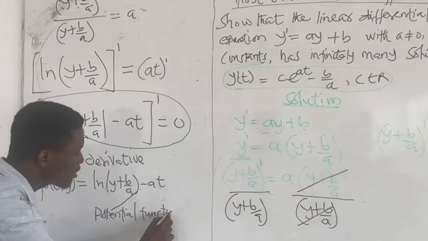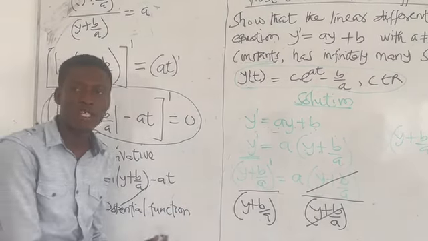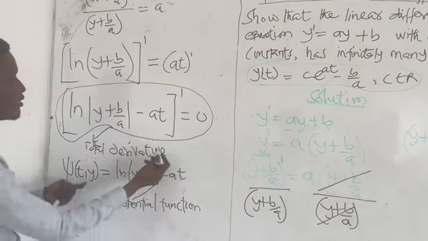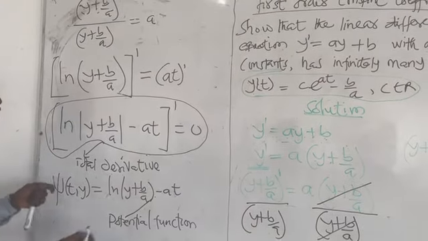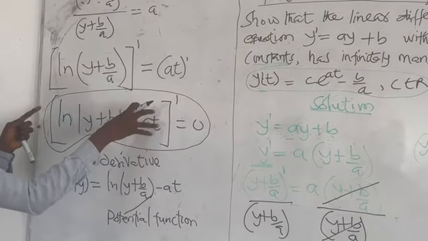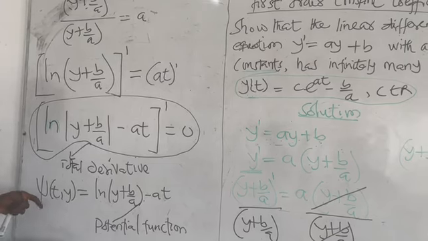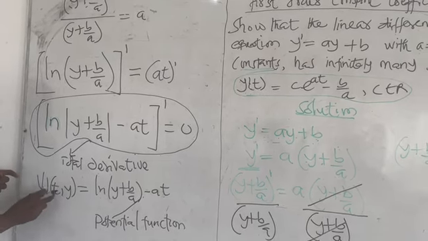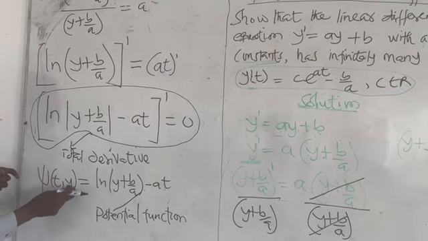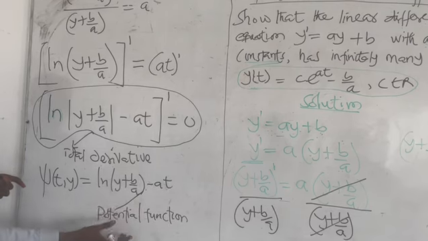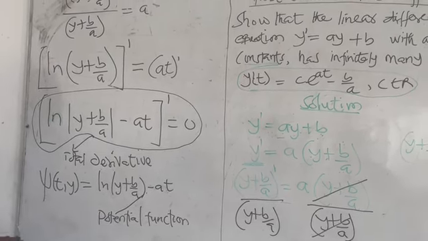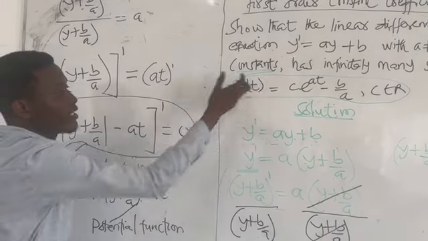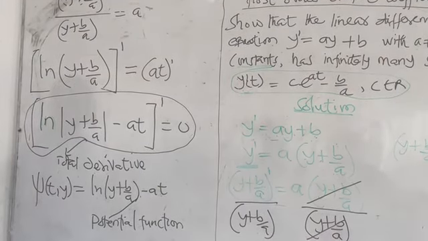So assuming we are asked to find the potential function, then after writing the total derivative, you pick the function inside the derivative. Then you say let psi of t, y be equal to that function. That function is called the potential function. But our task here is to find the solution.